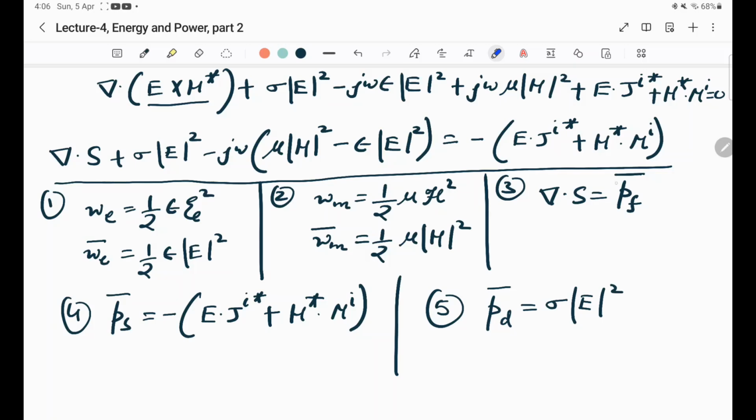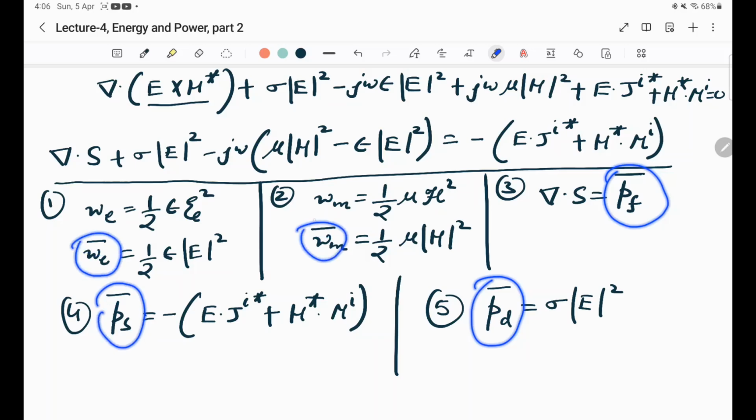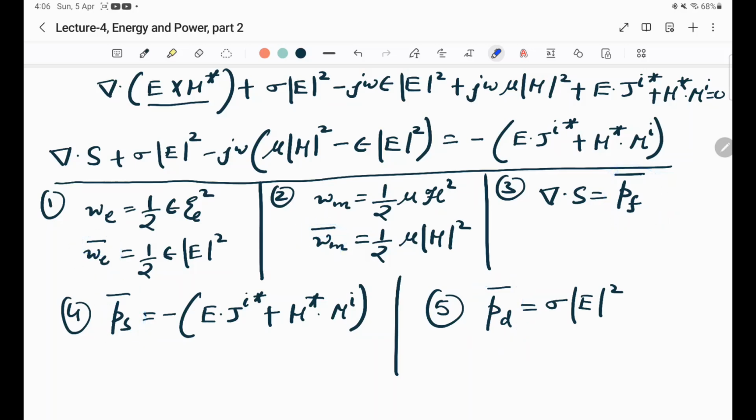So notice I have used the bar notation for the complex quantities here, so that we can distinguish it well when we compare it with the instantaneous conservation of power equation. All right.